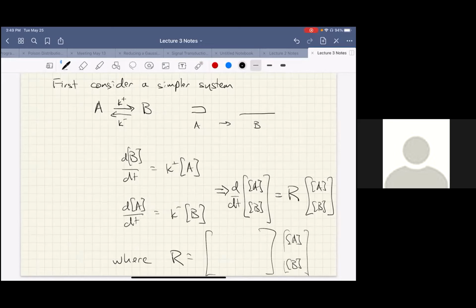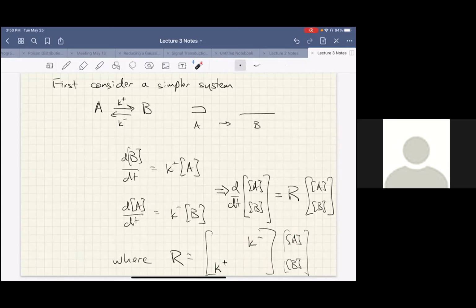So what I end up with for B is K plus times A. So ending up in B, I have K plus, and if you imagine, I have this row of the rate matrix multiplied by this column, so I have K plus times A. And similarly, to get this, the change in A is K minus times B. In order to get that, I need K minus here.